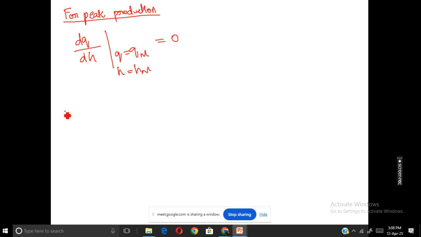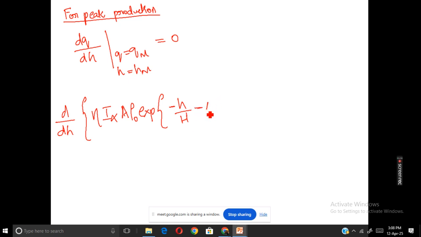So if we substitute the equation that we got earlier, we will get d by dh of eta into I infinity a rho 0 exponential of minus h by H minus a rho 0 H sec chi e raised to minus h by H is equal to 0.